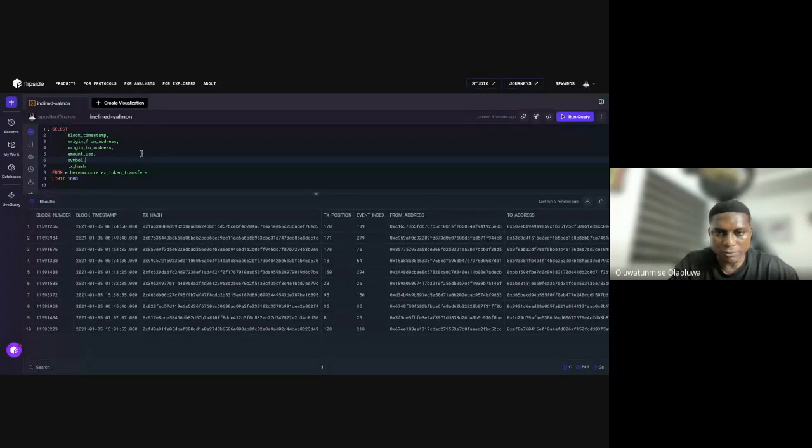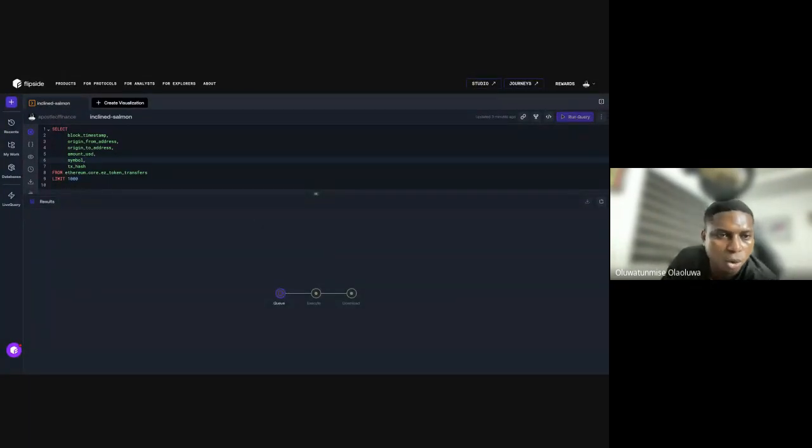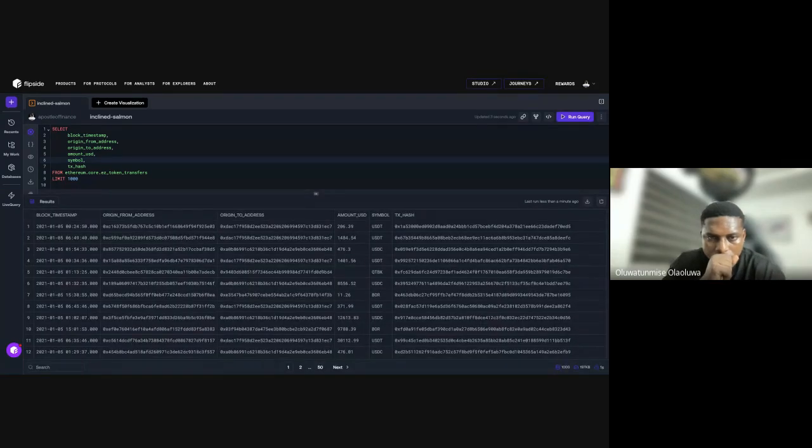Okay, so let's run this so we can have the table that we are going to work with. Good. These are the columns that we are working with: the time, the sender, the receiver, the amount in USD, the symbol, and transaction hash.